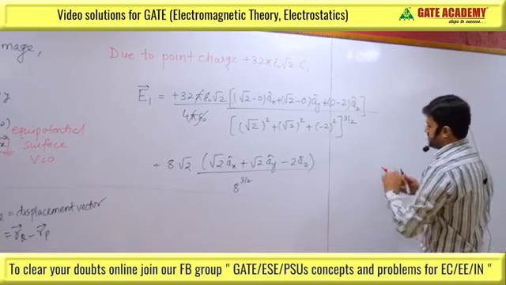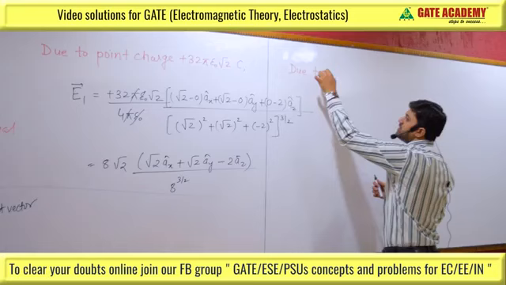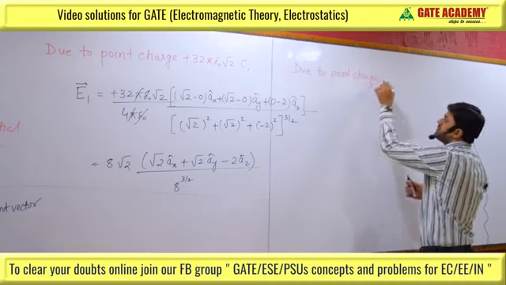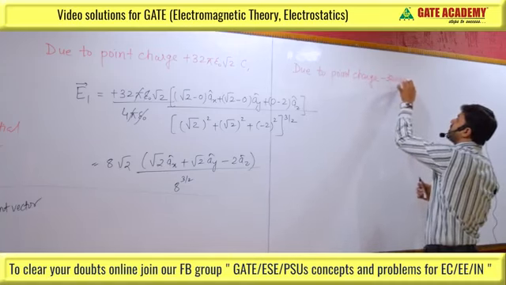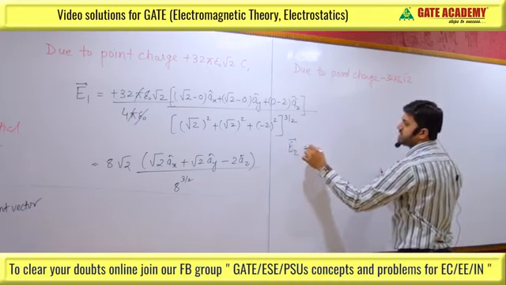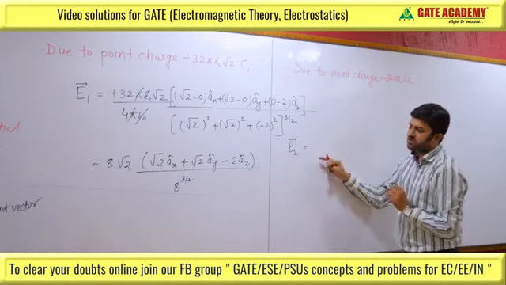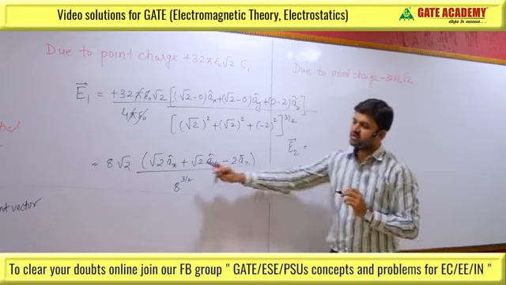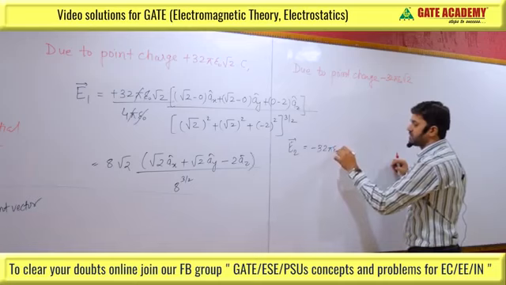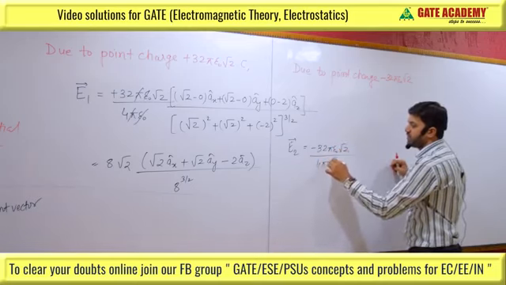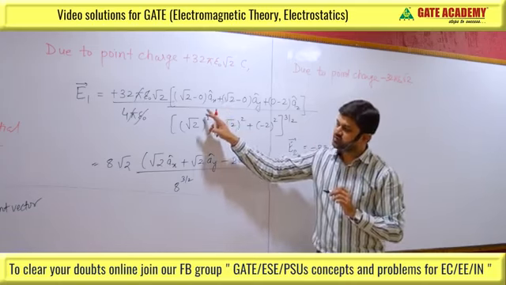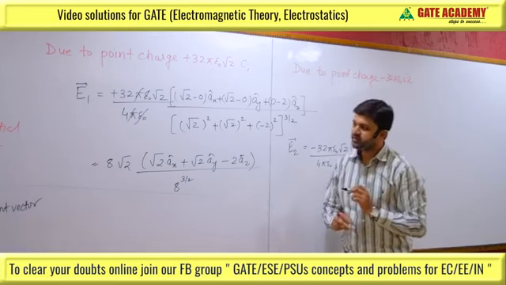Similarly, due to point charge minus 32 pi epsilon naught root 2, this E2 will be, the only difference will be the magnitude of charge. So that is minus 32 pi epsilon naught root 2 divided by 4 pi epsilon naught, and there will be a difference also in the displacement vector.